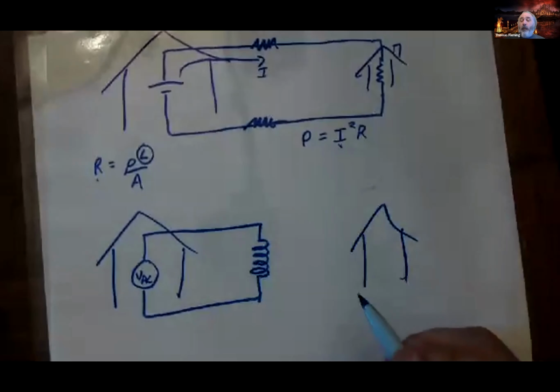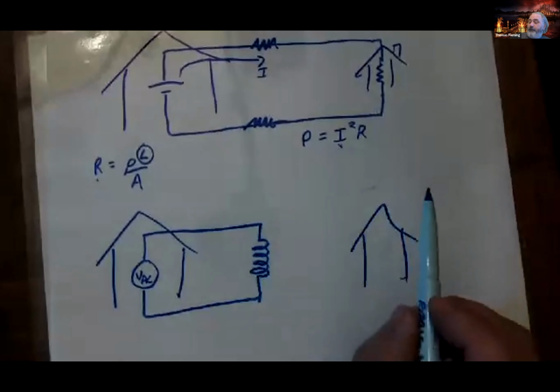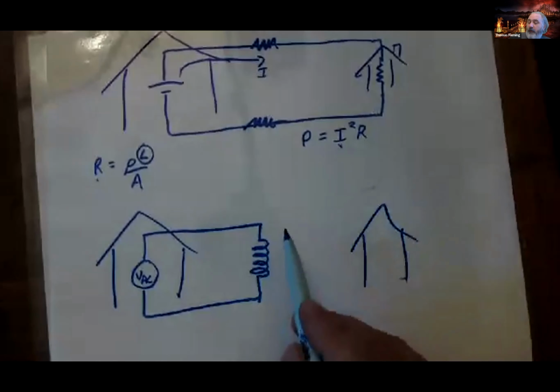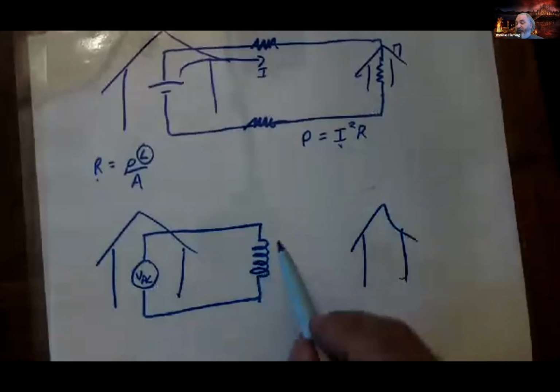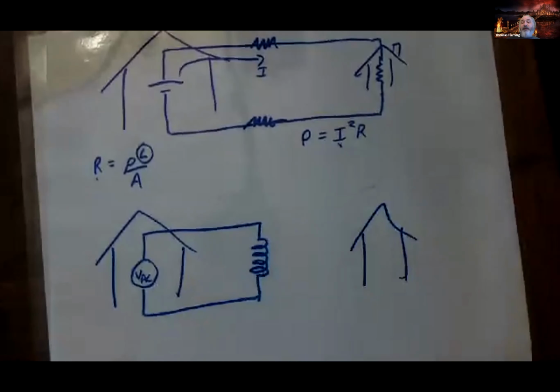Now, this coil has inductance, and I'm sending an alternating current through that coil. That means that inside that coil, you're generating a magnetic field, but every time the current flips direction, the magnetic field is also going to flip direction.